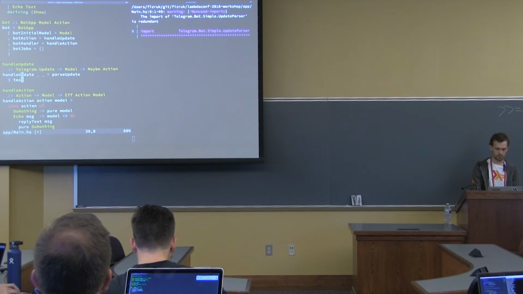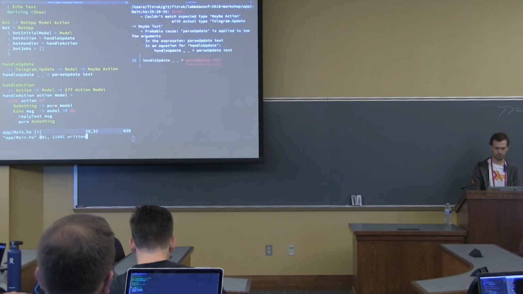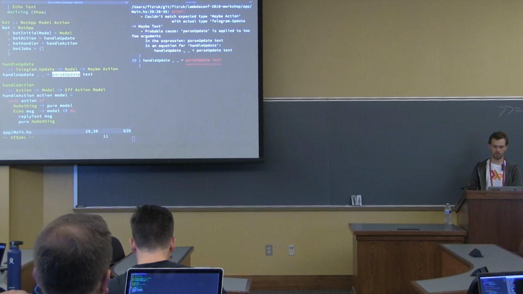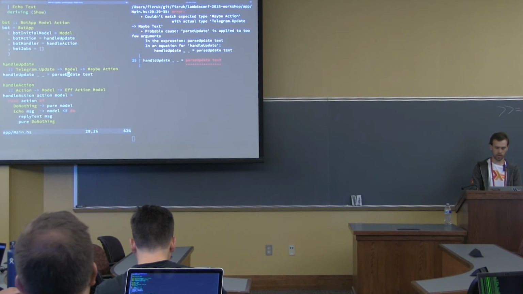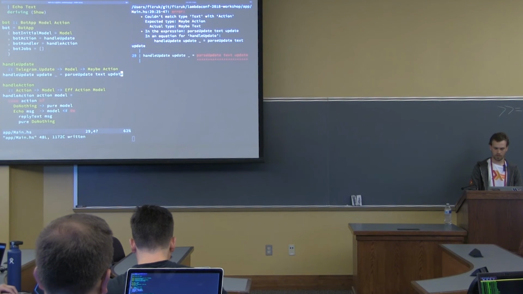Okay, let me just make it simpler for you for now. Text is a combinator that parses the text message from the update. ParseUpdate runs that. And we have a problem here because we have to apply this to an update, of course. But now we have a problem that text returns a text, but we need to parse an action.